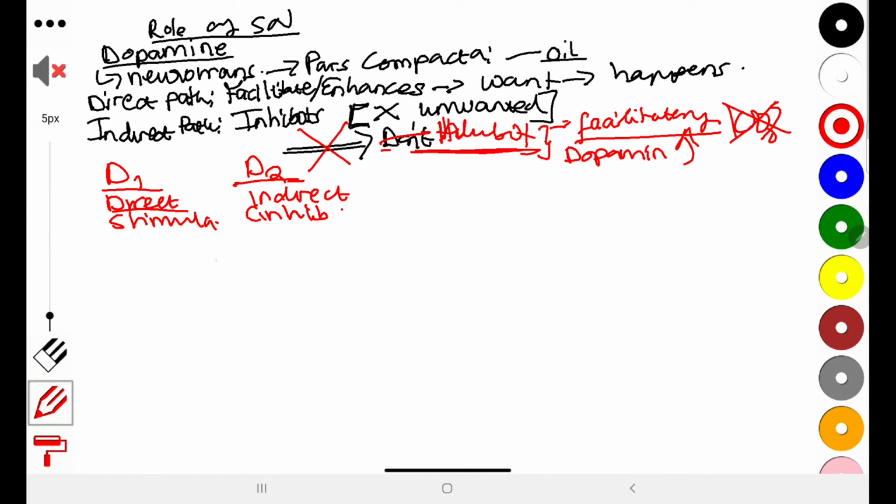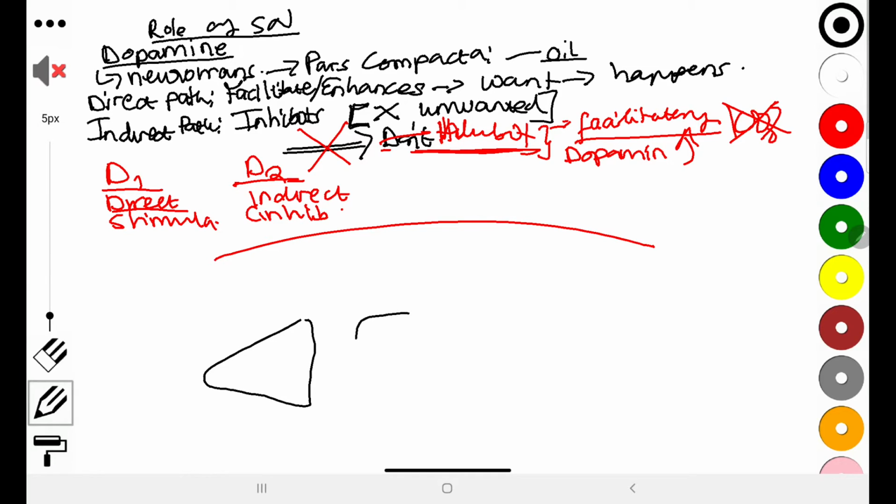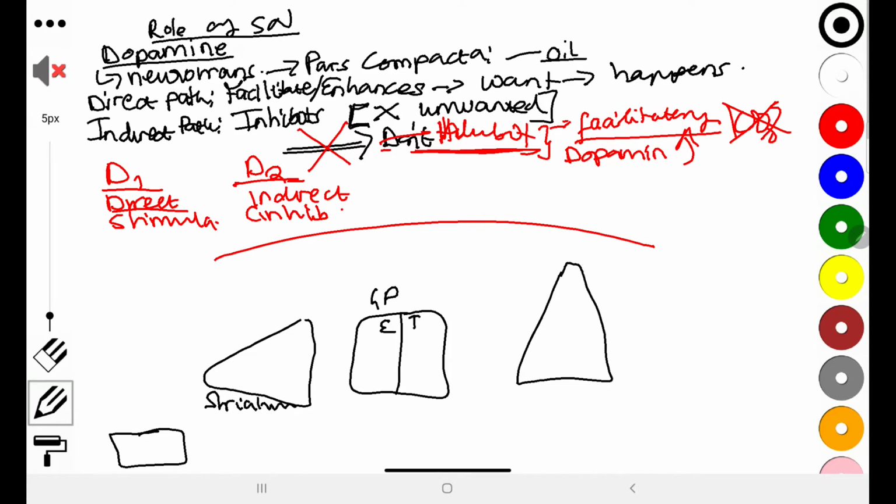So this is the direct pathway, that's the cortex. Then you're going to have your striatum, GPi, then your substantia nigra, then your thalamus.